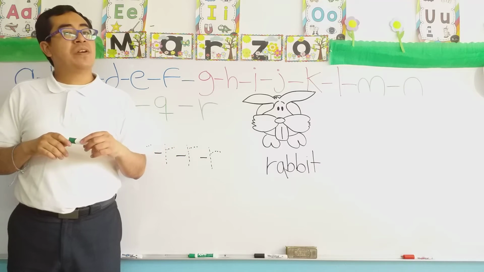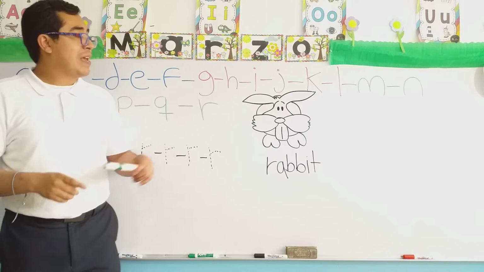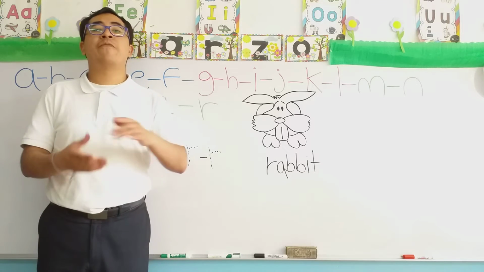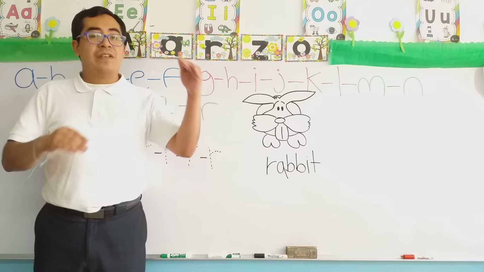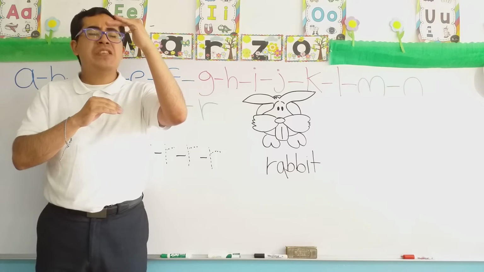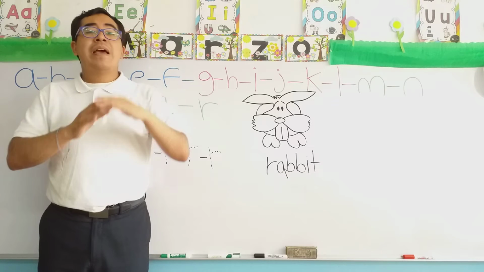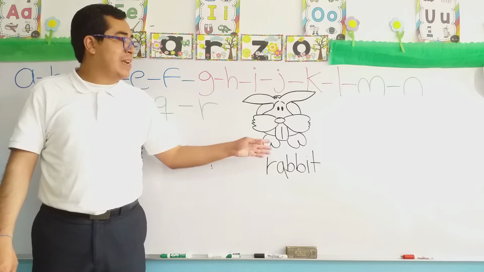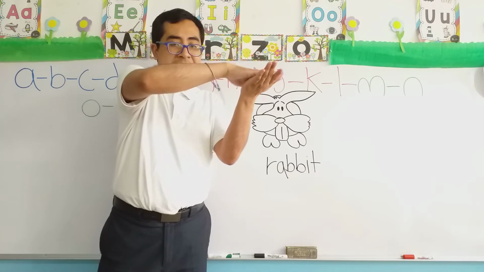Okay, very good. And the object of today is, of course, an animal that belongs to the family of animals of the farm. Now, this animal is small, medium size. Between medium size and small, and instead of walking on four legs, this animal is constantly, all the time, jumping.